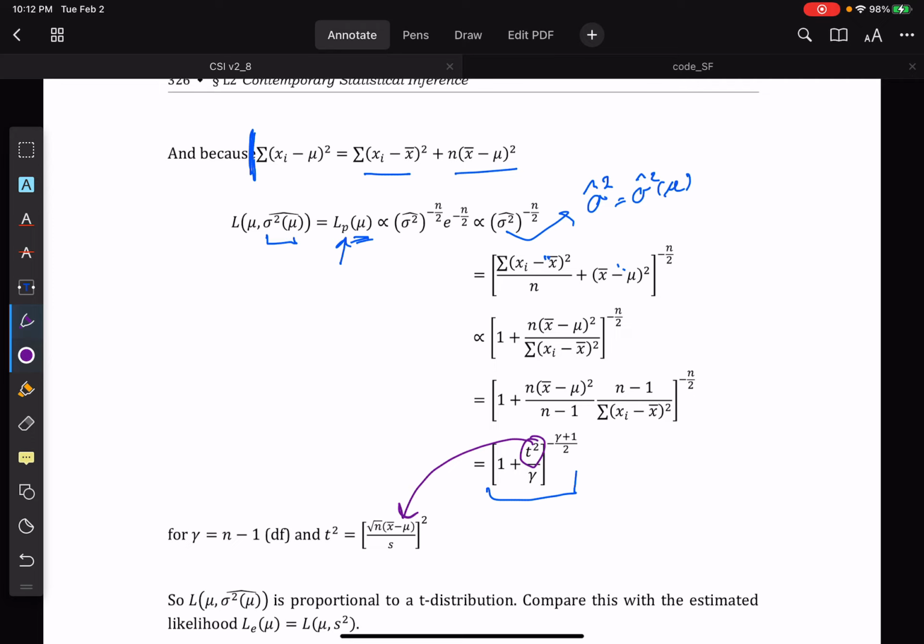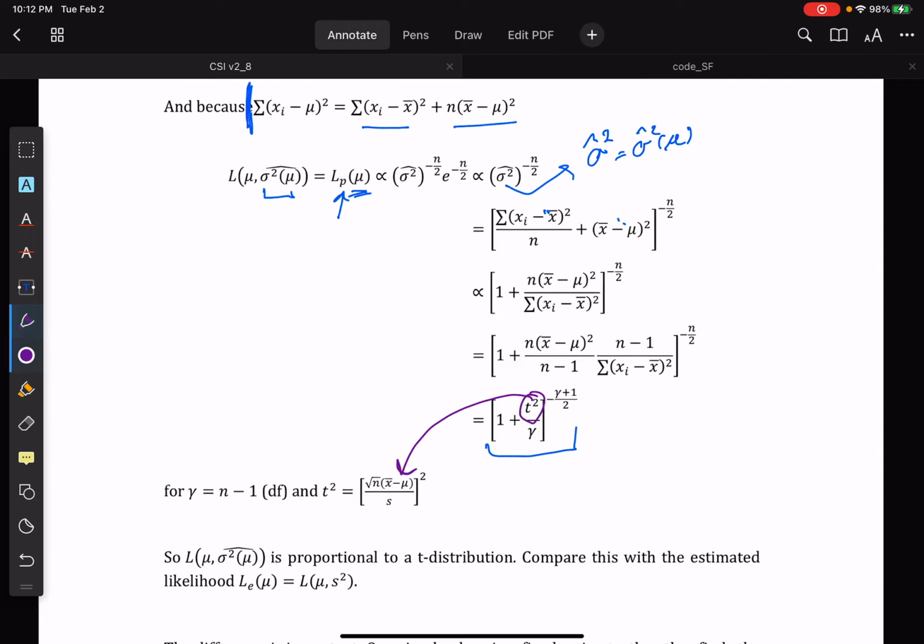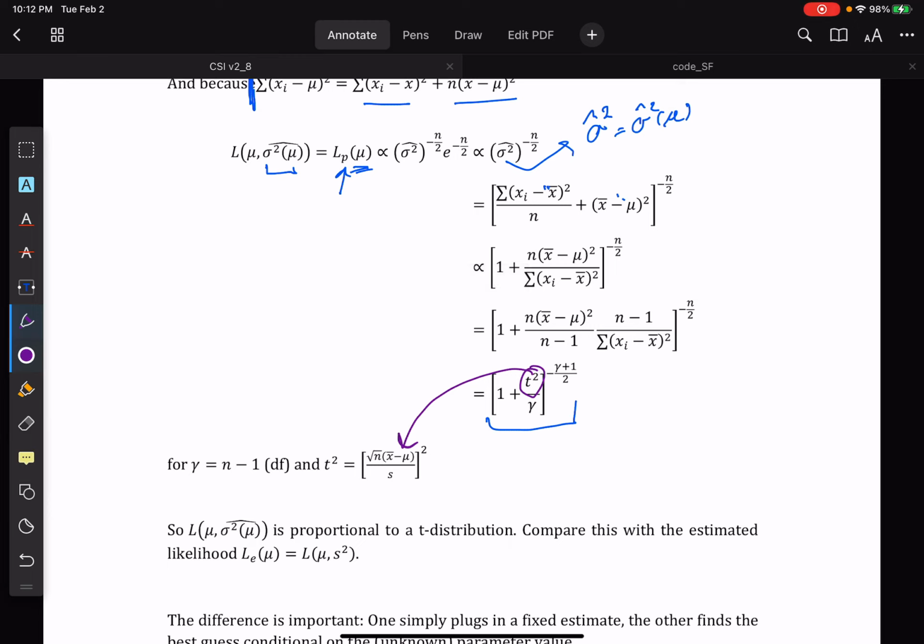This is a standardized statistic squared. So in fact, what we find is that the profile likelihood for the mean, okay, that's this thing. This is the profile likelihood for the mean. That is proportional to a t-distribution. So when you don't know the variance and you profile it out, basically you get a t-distribution. And that should be very reassuring.